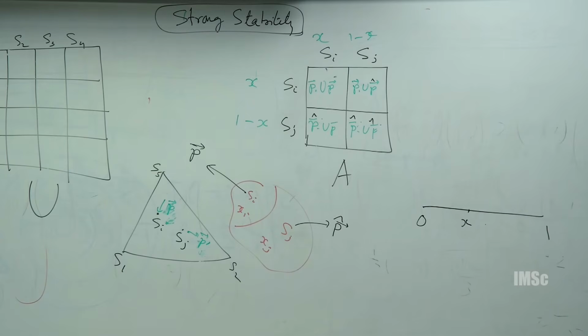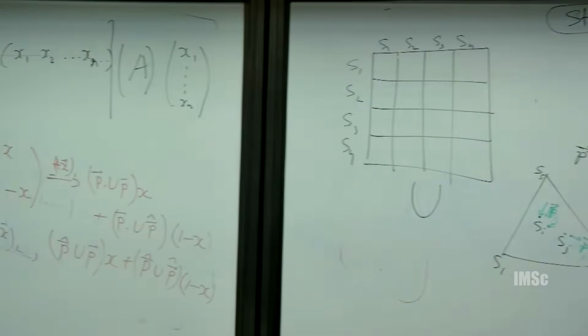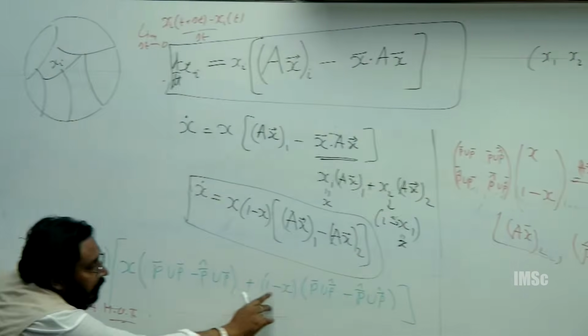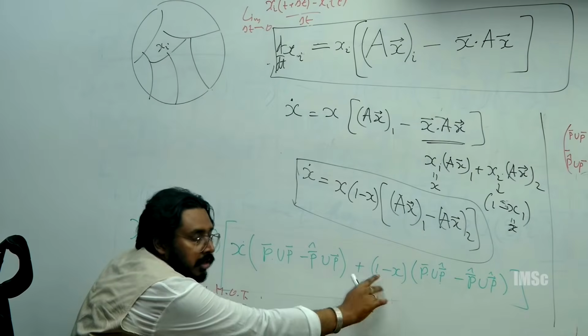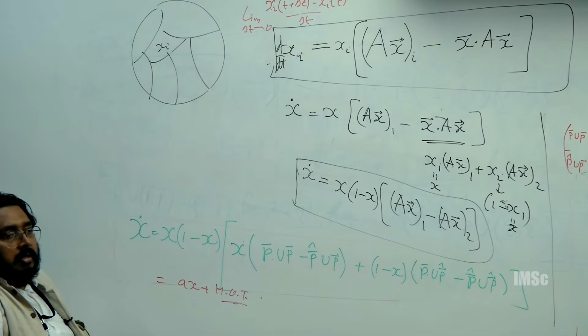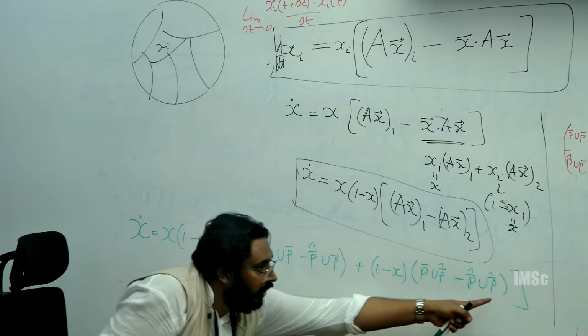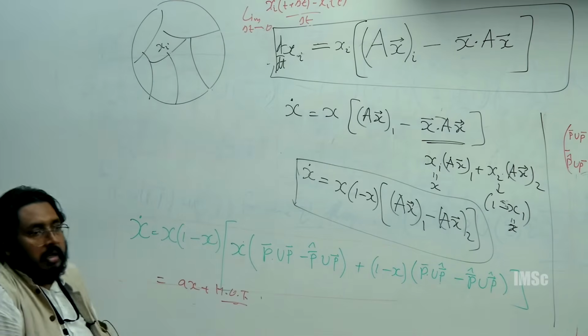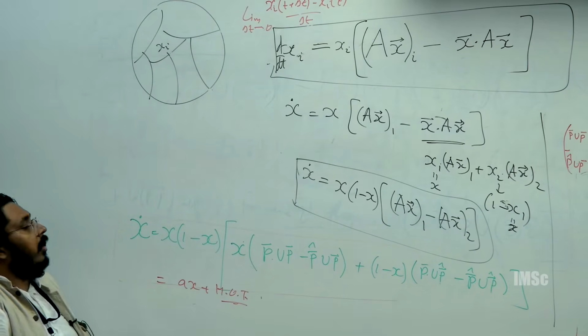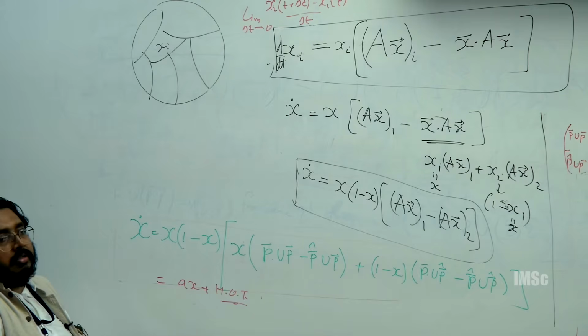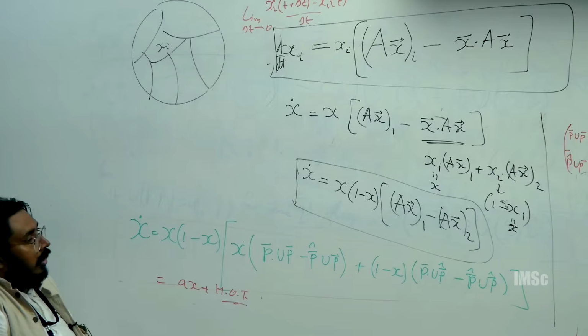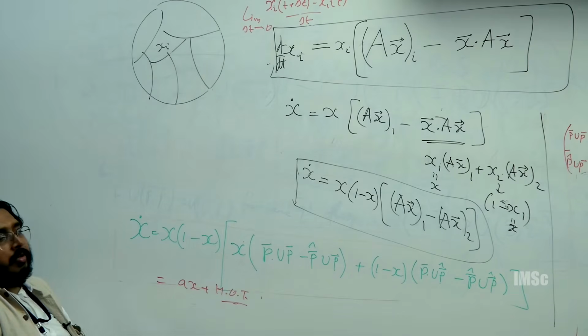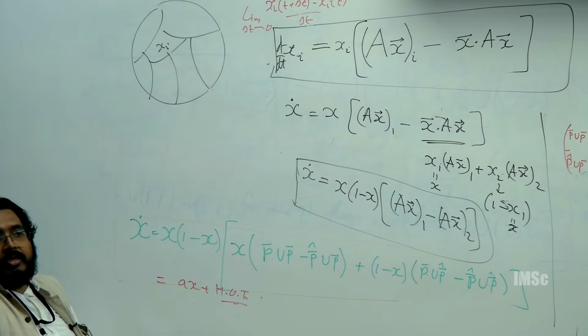So, which is this a in this entire equation? This x getting multiplied by this one and getting multiplied by this one. There is no other linear term here, and the coefficient of that term is nothing but this, and hence that term decides whether x is going to increase or decrease. I want that term to be negative, and if that is equal, then this term is going to decide, and that is exactly the Maynard-Smith Price condition.